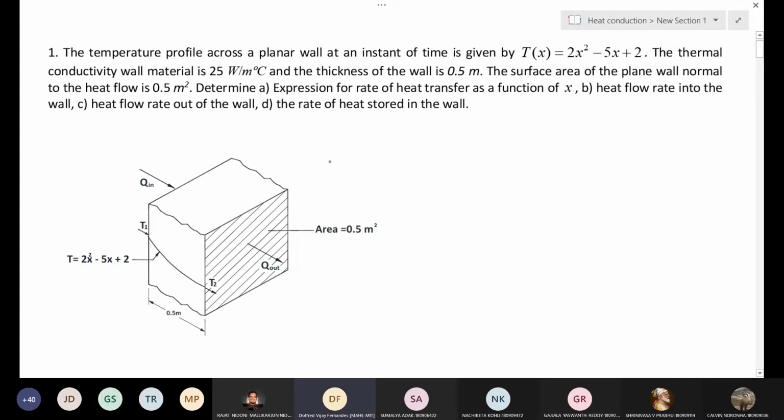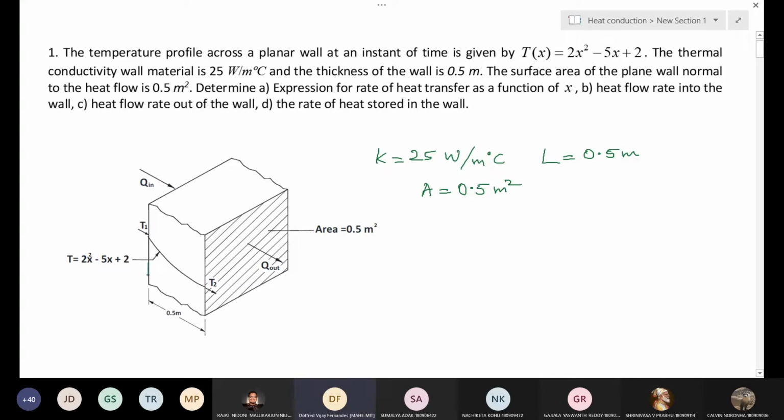So we have to write now: thermal conductivity of the material, K is given, which is 25 watt per meter degree centigrade. Thickness of the wall, L, is 0.5 meter. Area, A, is 0.5 meter square. We can fix the coordinate system, the X coordinate system, on the left side of the wall here.